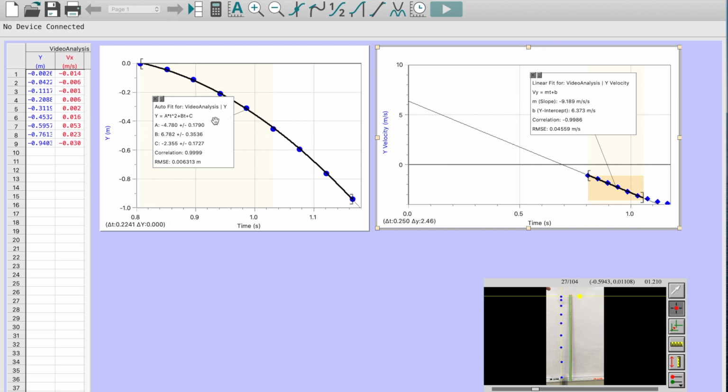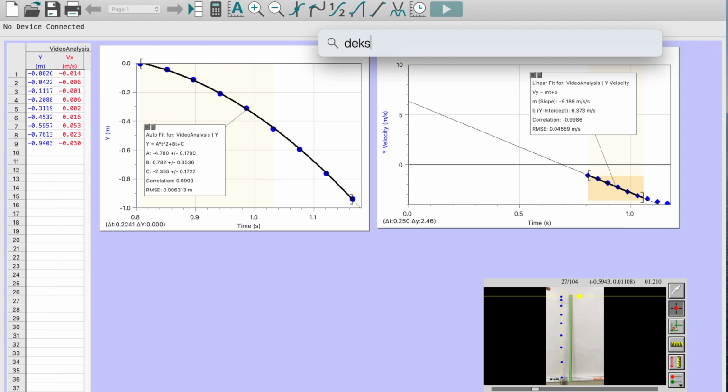Okay, let's come over here. Here I have a curve, and this curve gives me an equation that I'm going to write down.